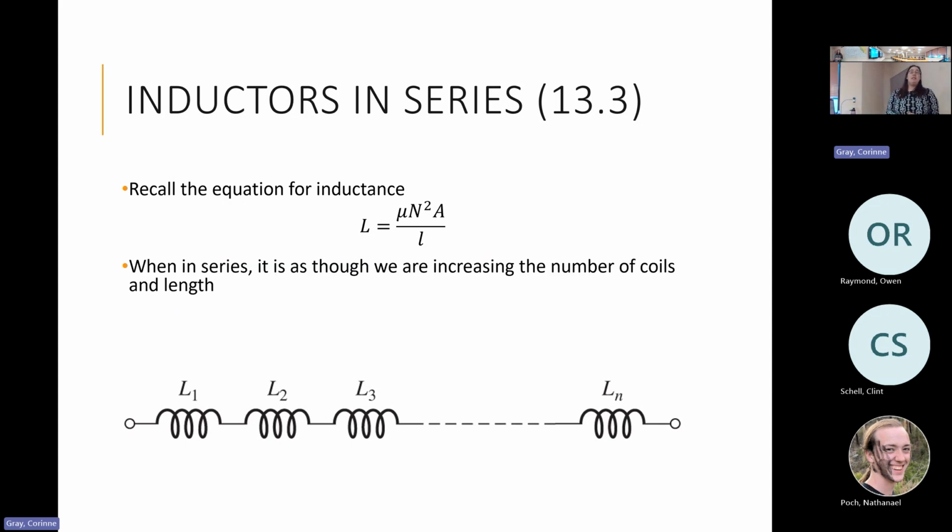Here we are making the assumption that we do have the same area for all of our inductors. If area is different, technically, it's going to look a tiny bit different for combining them together, mathematically.